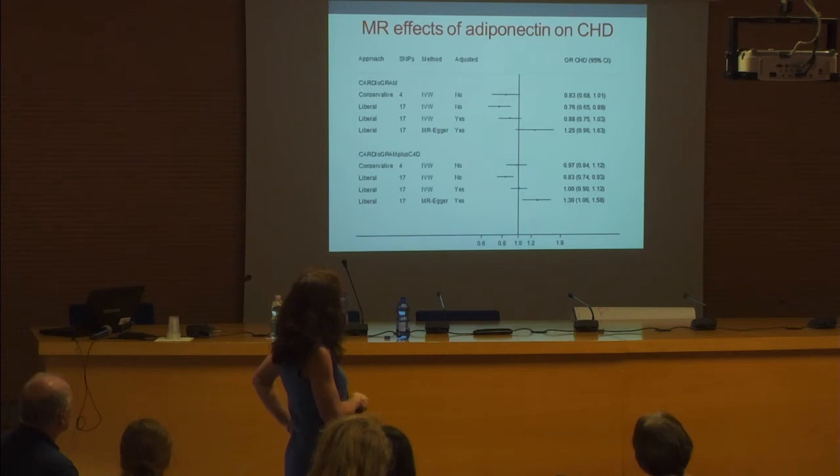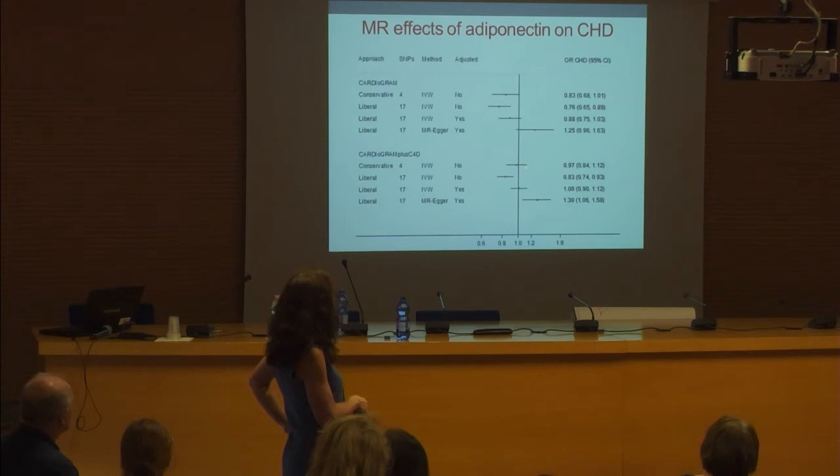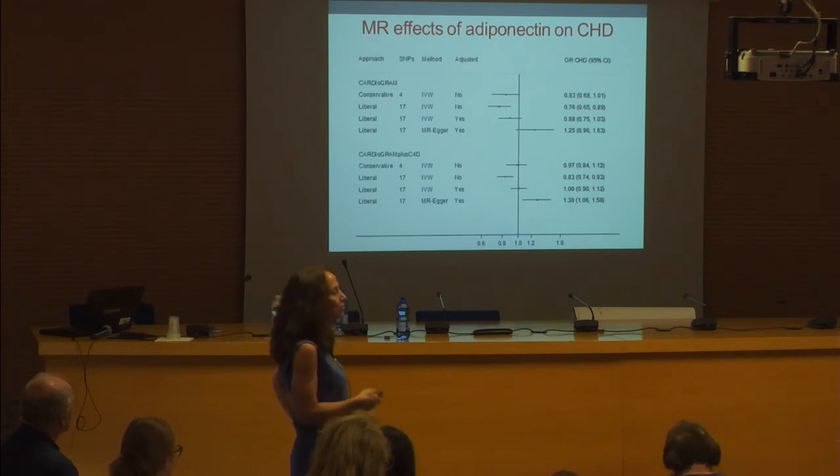The pattern's broadly similar in both, but when we have the larger sample, it's much clearer, if you think of these two as our most robust analyses, that there seems to be no causal effect.